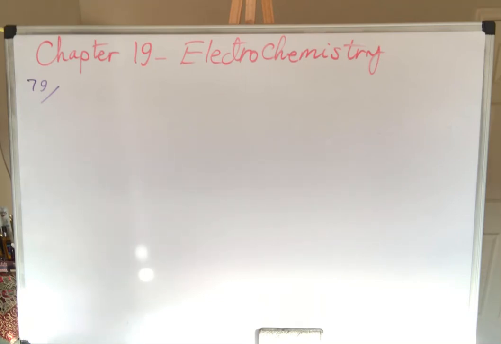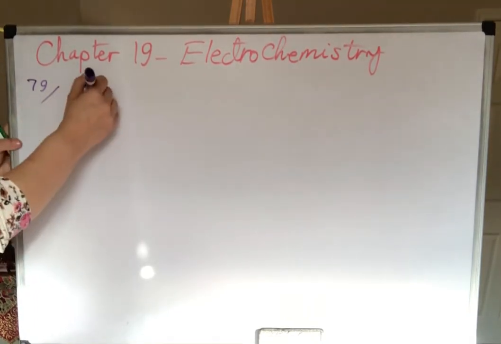Obtain the standard free energy change for the cell reaction using the standard free energies of formation, which are given. I don't see any question in it at first, but let's see what's happening. What is the cell potential?